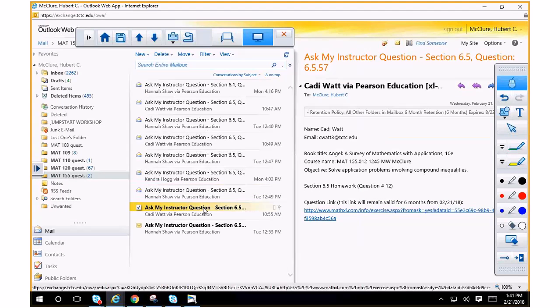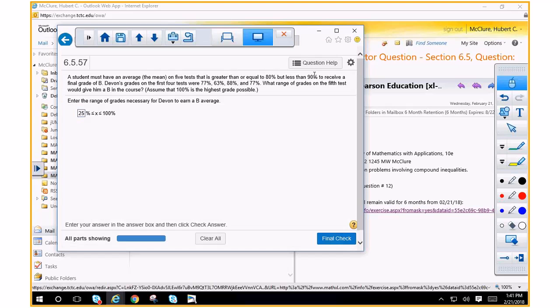6.5, 57/12. I feel like I'm doing y'all's homework for you. One right after the other. This one's easy. A student must have an average on 5 tests that is greater than or equal to 80. So the first thing you do is you write down 5 tests.